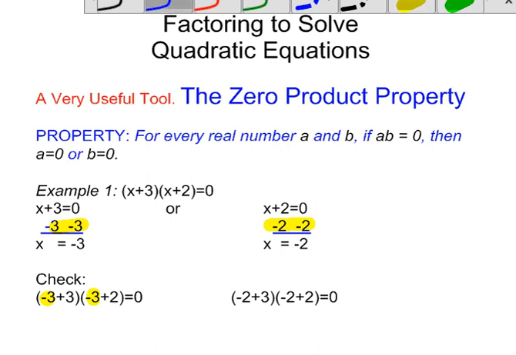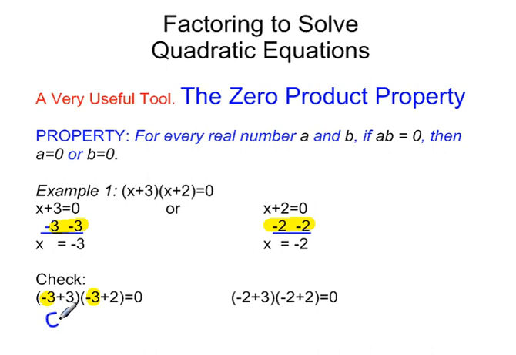Let's try that out. Negative 3 plus 3 equals 0. And negative 3 plus 2 equals negative 1. Is 0 times negative 1 equal to 0? Yes.